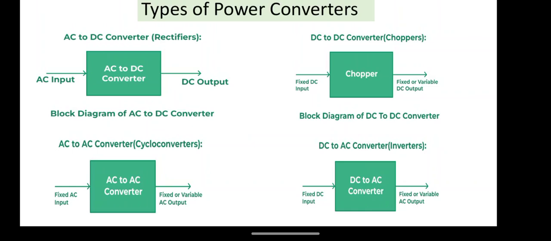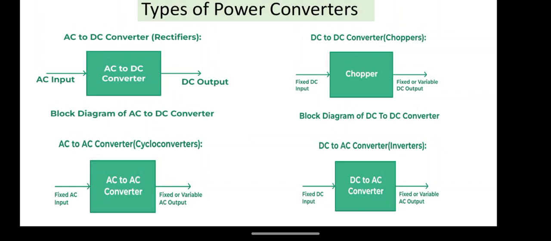The DC to AC converter is also called an inverter, which is basically used in the UPS applications in our day-to-day houses, where we use a battery that is being charged when there is power, and once the power goes off, the charge is converted into AC supply, which is used for our household applications.